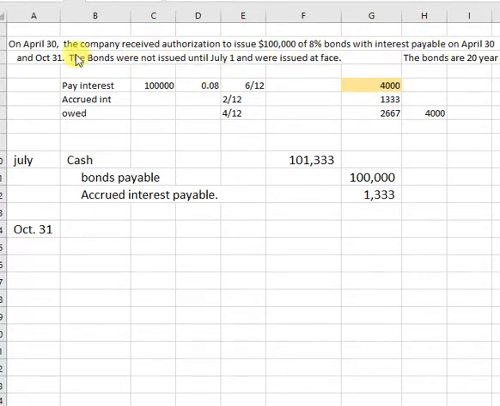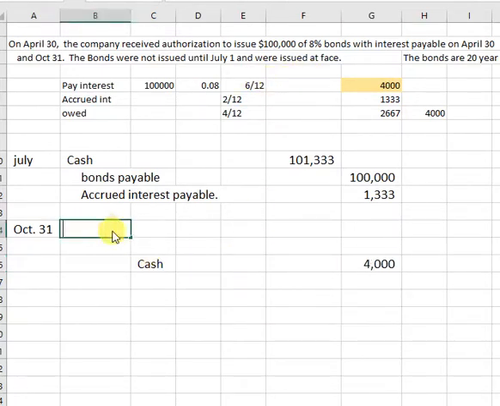Then notice that I'm going to pay interest on October 31st. So on October 31st, I'm actually going to pay cash. And I said that my interest payment's going to be $4,000 because I have principal times rate times time, which is 6 months.